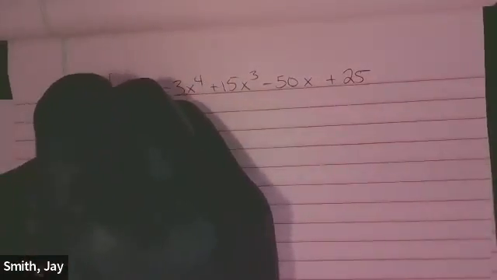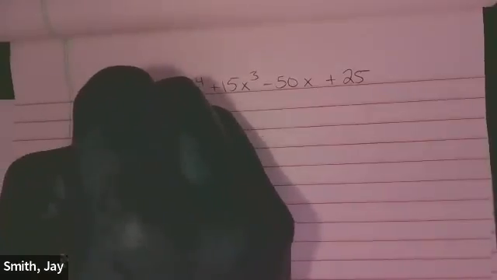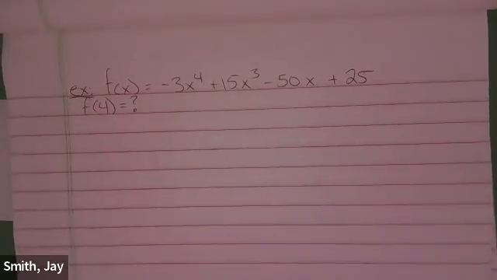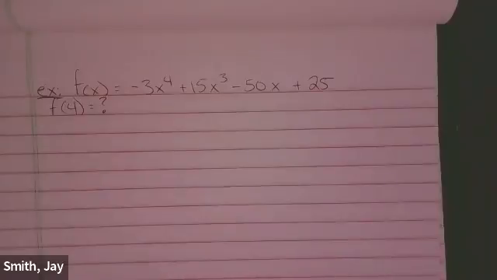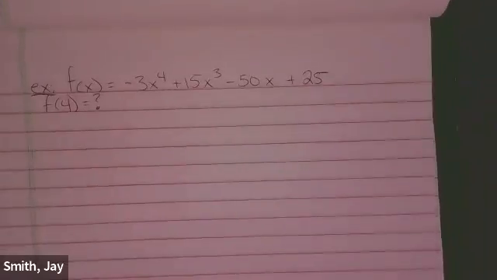And we're asked to see what f of 4 is. Now, obviously, one way that we can do this is to simply plug in 4 for every x in f of x and see what the value is. But we could also use the remainder theorem.